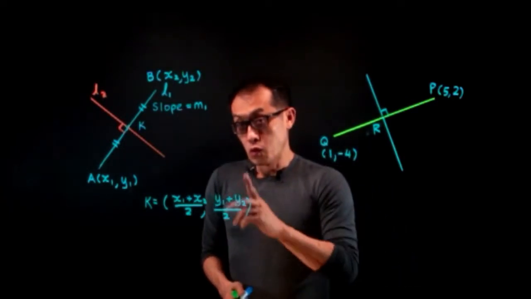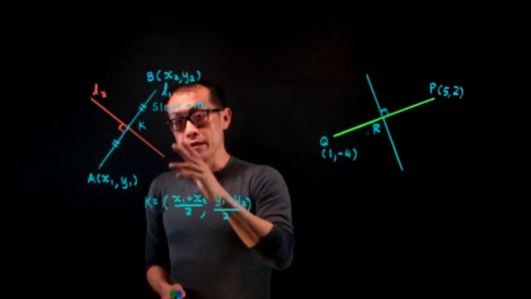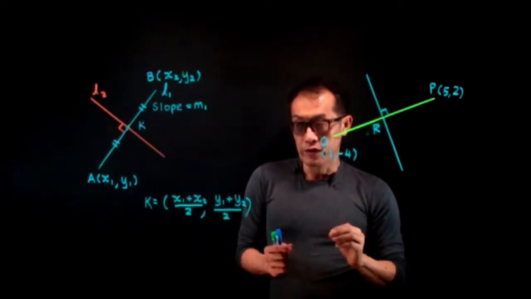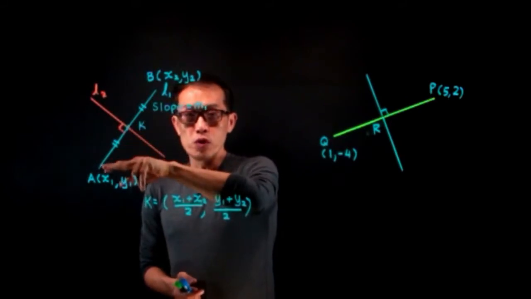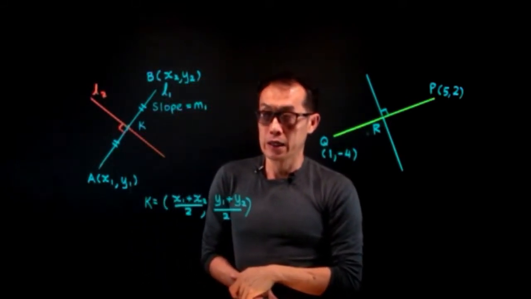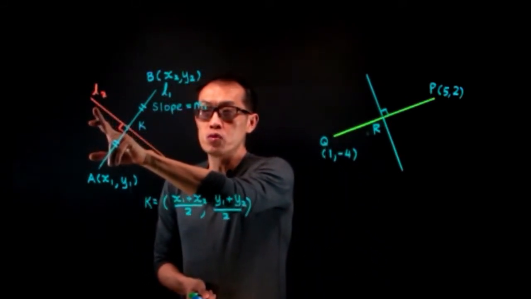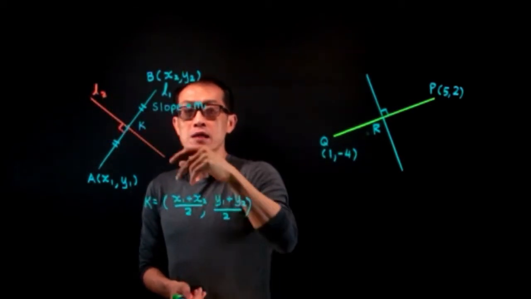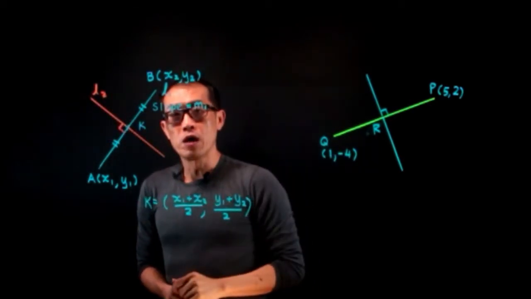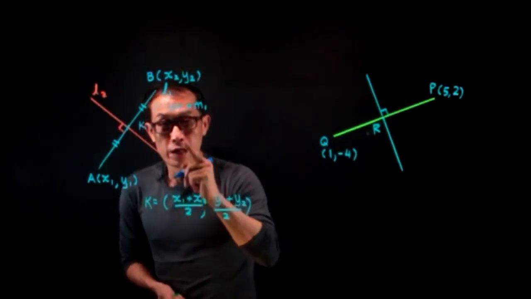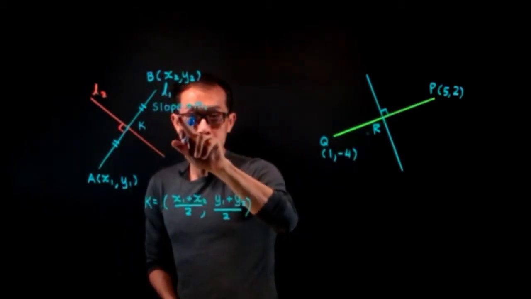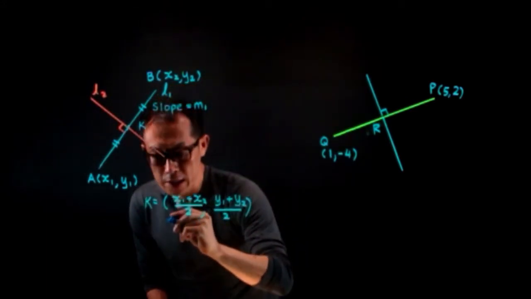Now, we also learned in gradient of a straight line that if L2 is perpendicular to L1, then the gradient of L2 is the negative reciprocal of the gradient of L1. So what is the gradient of L1? The gradient of L1 is given by M1. So what is M1?